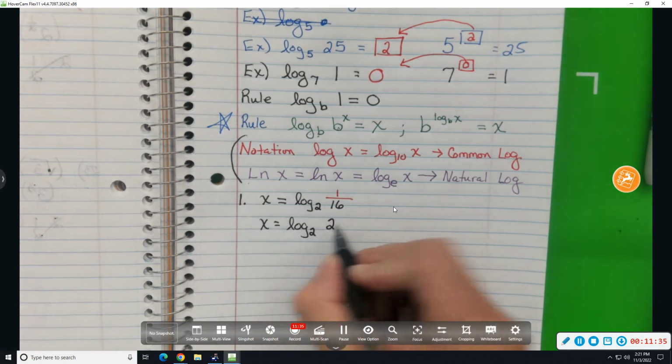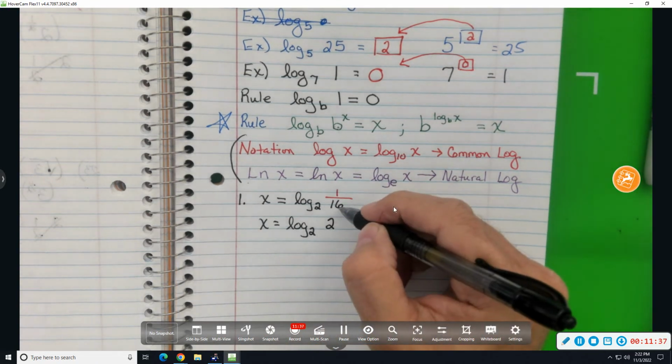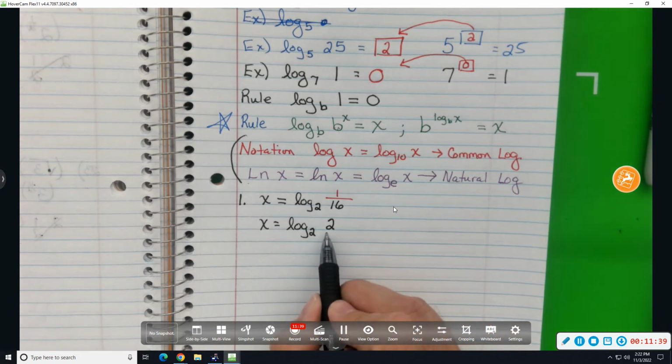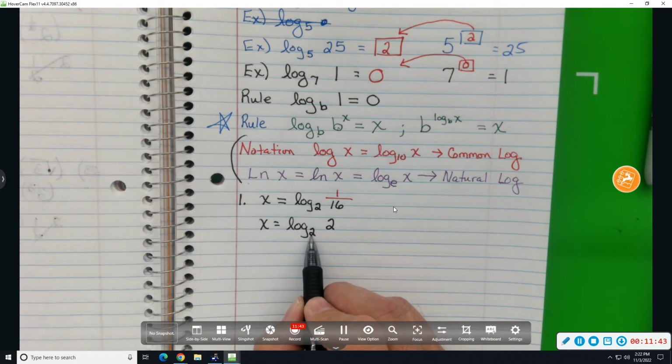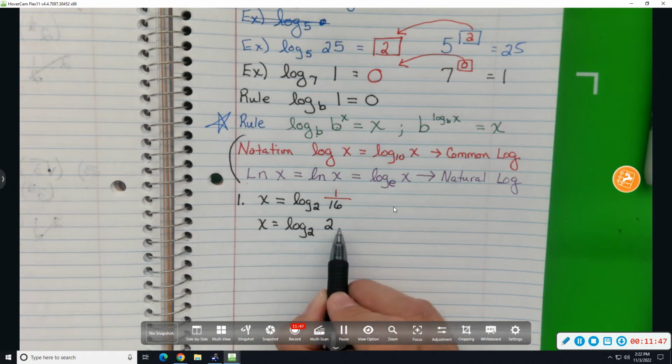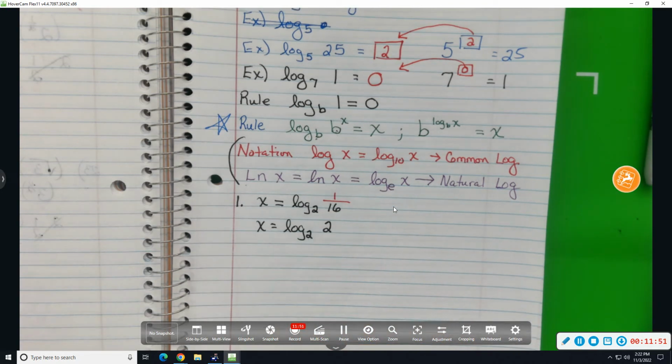I'm going to rewrite the 1 over 16 with just a base of 2. Why 2? Because that's what this number is right here. If the small base had been a 3, I'd be trying to rewrite it with a 3, which would be impossible. Now, how many 2's do we have to multiply together to get 16?